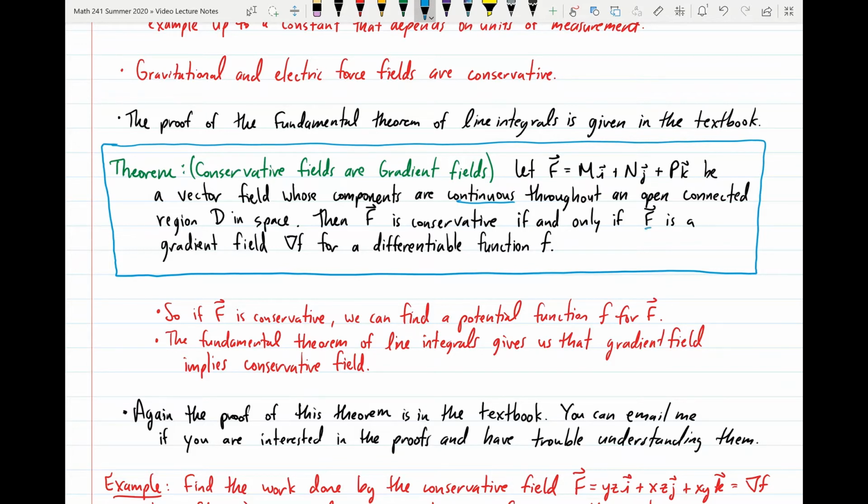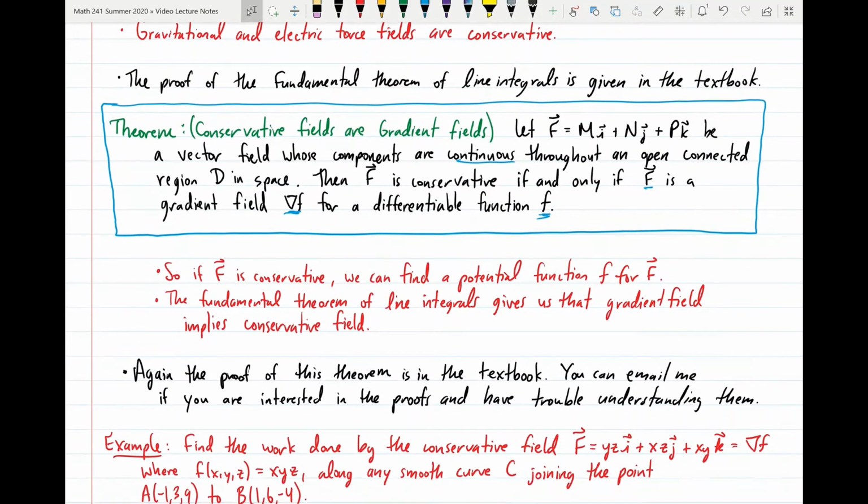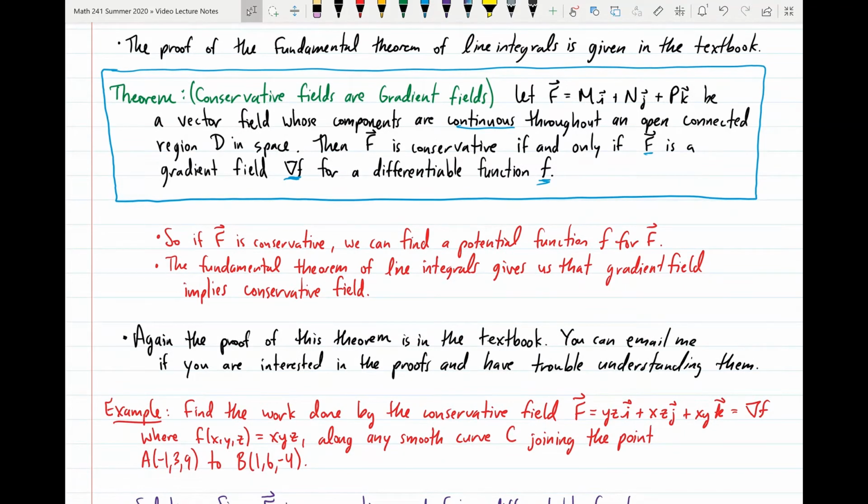So this means that our vector field is equal to the gradient of little f, where f is some differentiable scalar function. So this is another pretty powerful theorem. The line integrals of F will be independent of path if and only if we can write F as the gradient of some differentiable function f.